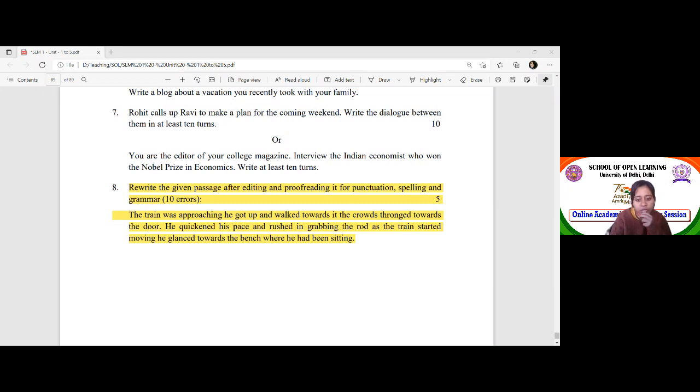I'm not sure whether any of you are doing it or not, but it's very simple. Just point out 5 errors that you can see in the passage.